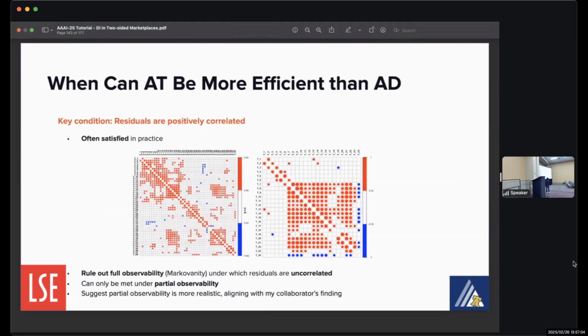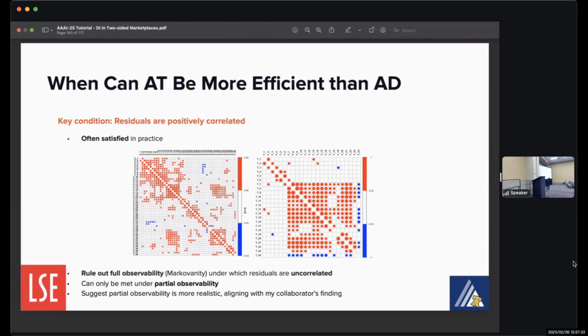So based on our previous discussion, we have shown that the second design, AT, can be better when the residuals are positively correlated. What I do want to highlight here is that positively correlated residuals are commonly seen in practical situations. Here I show you two figures that visualize the correlation of those residuals.